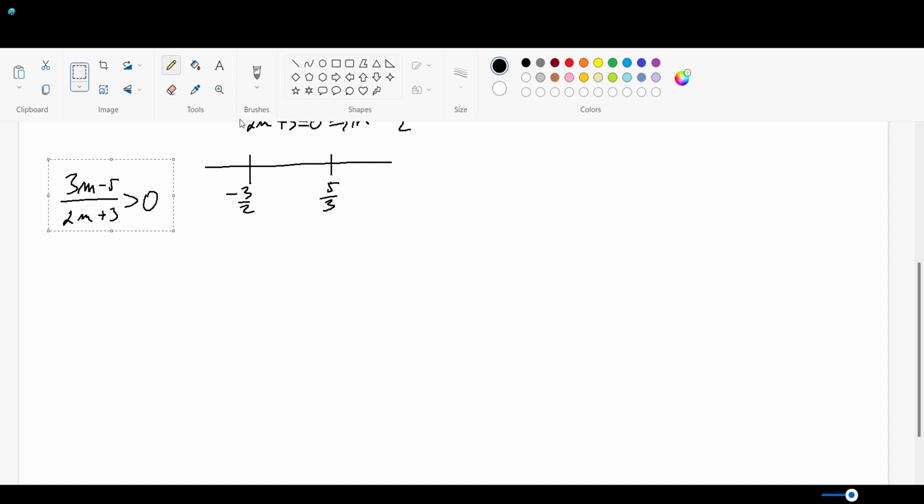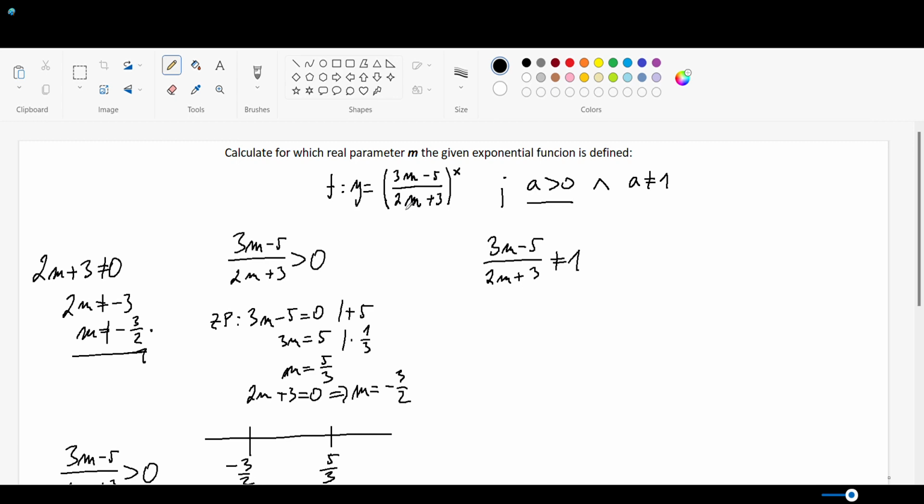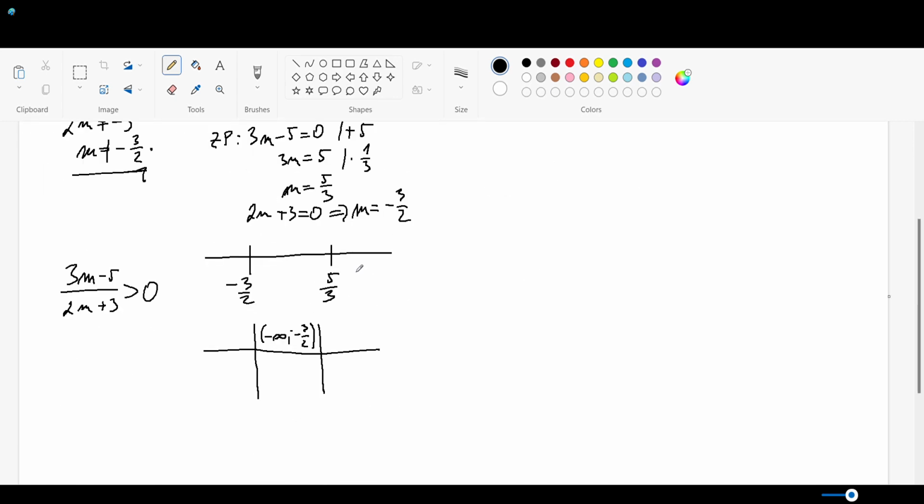To solve this, you simply construct the table, and these two 0 points will divide my number line into 3 intervals. The first interval would be from negative infinity to negative 3 over 2, and here the interval is open.